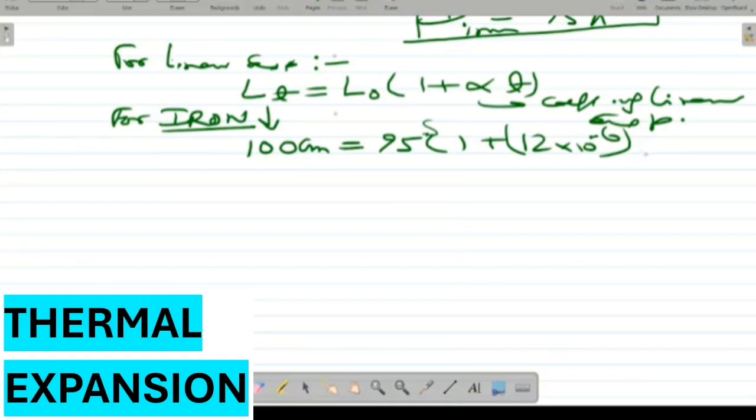What is that? We need to identify it. So this we need to solve. So let us do it. No, it's not 100 by 95, don't do it like this.